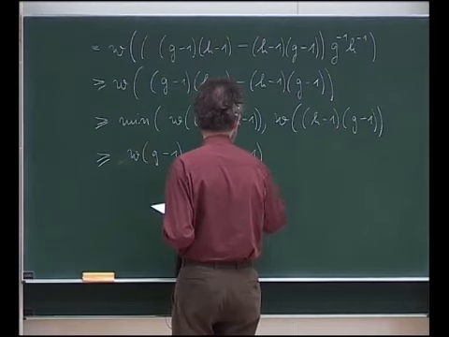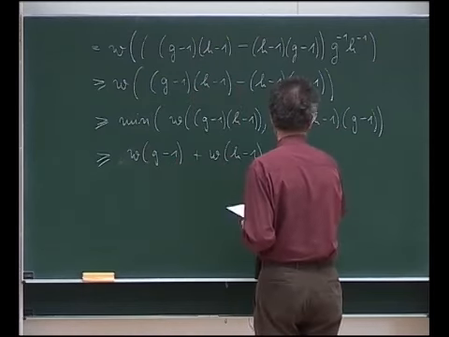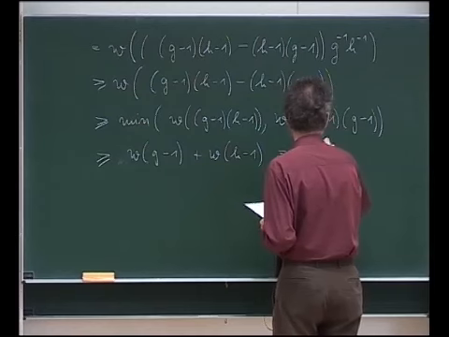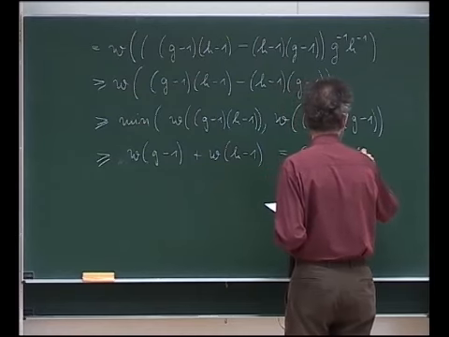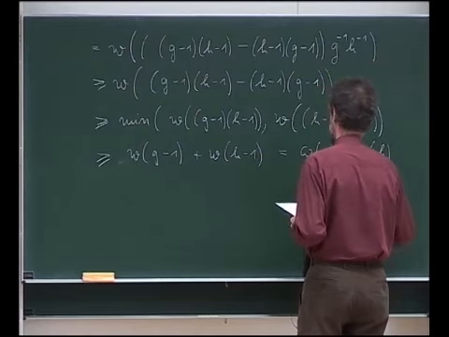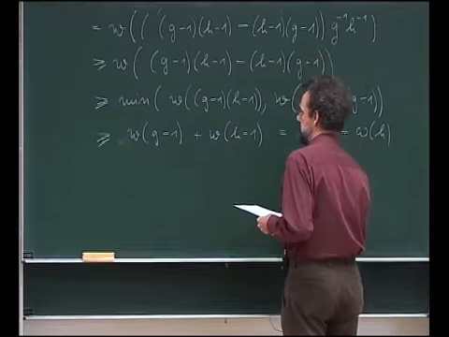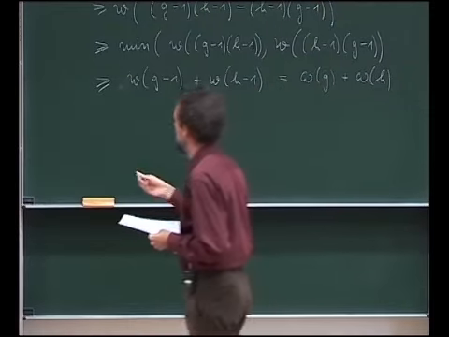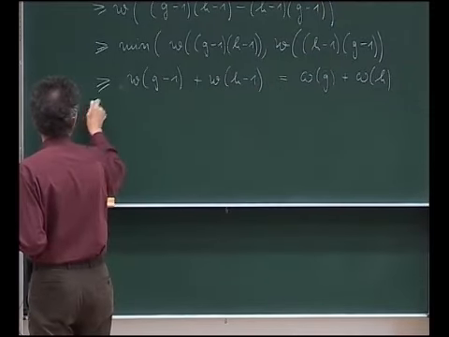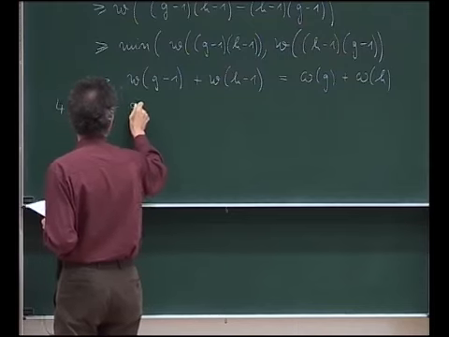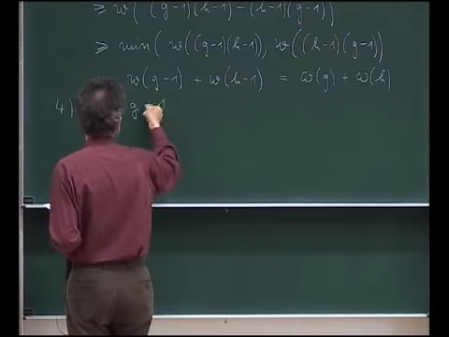But both of them are bigger or equal to the sum W of g minus 1 plus W of h minus 1, which by definition is omega of g plus omega of h.